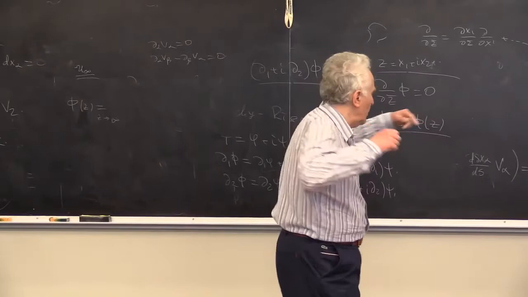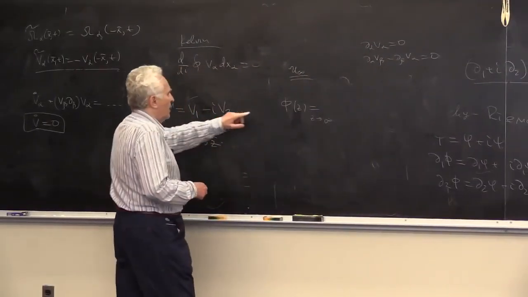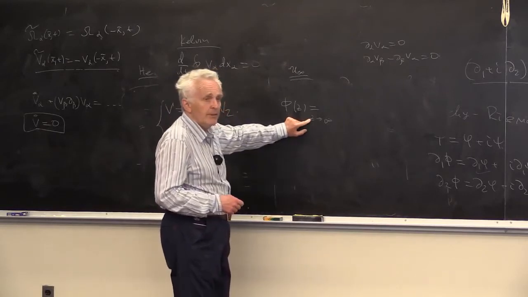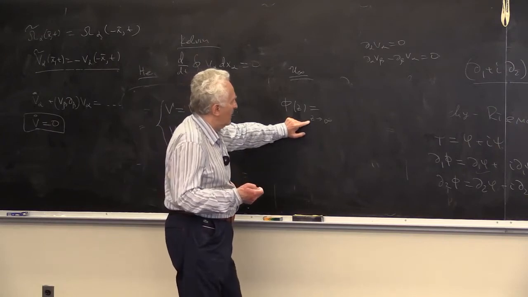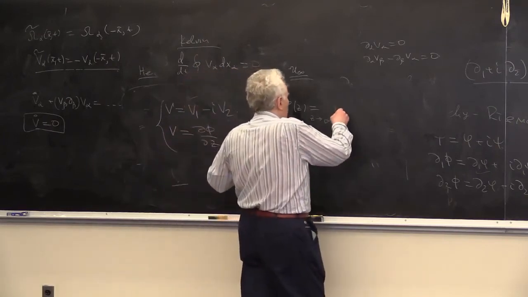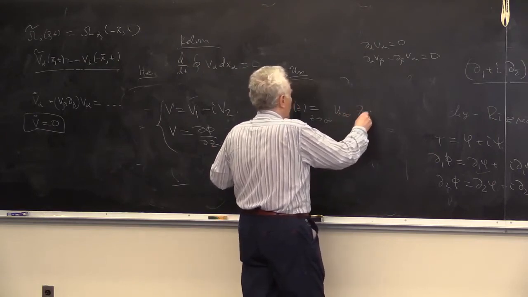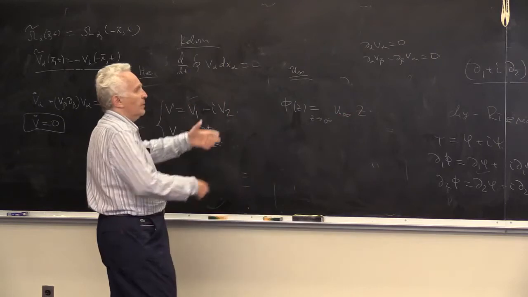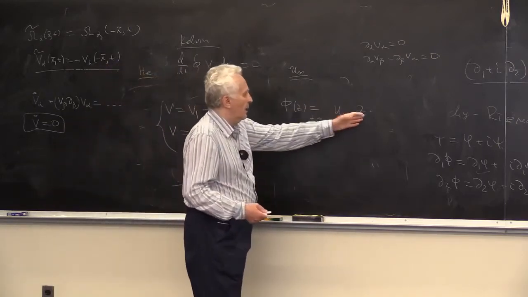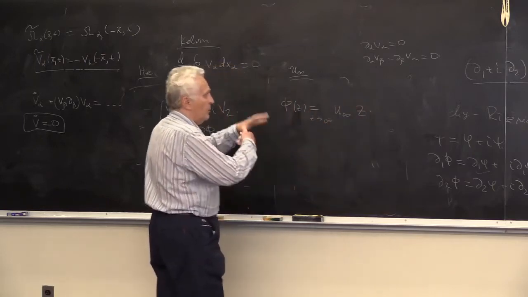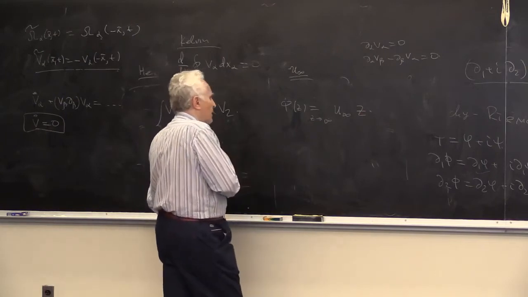Yes, but the question is, what is the asymptotic behavior of this function at infinity? What would be your answer? Well, you have this u infinity multiplied by z, so that the derivative will give you simply u infinity. It cannot contain a higher power of z, because that will spoil the whole picture.